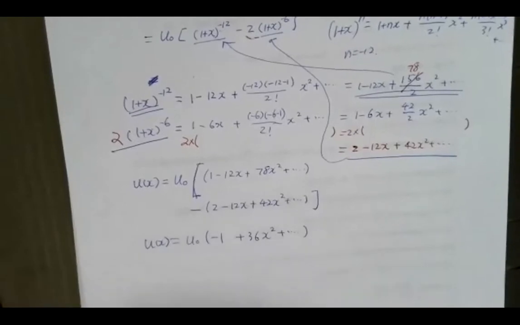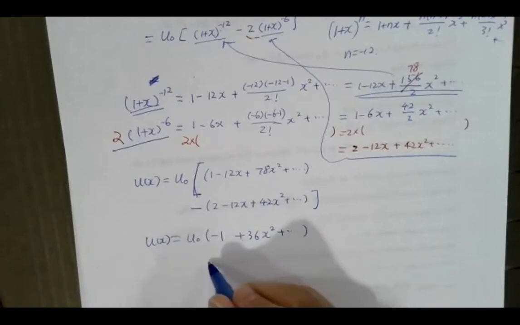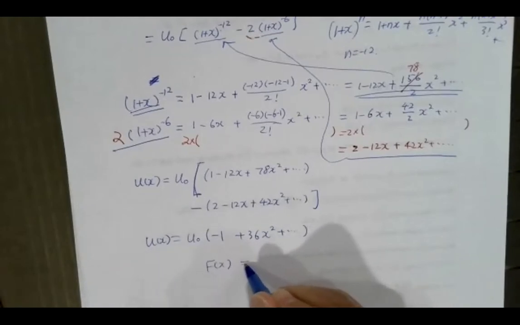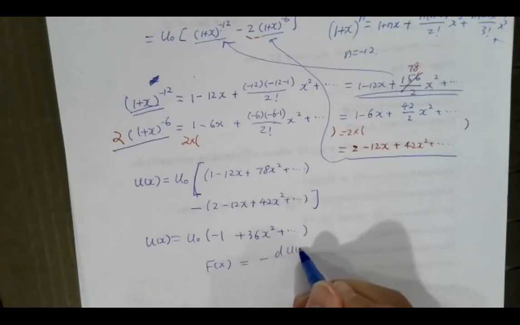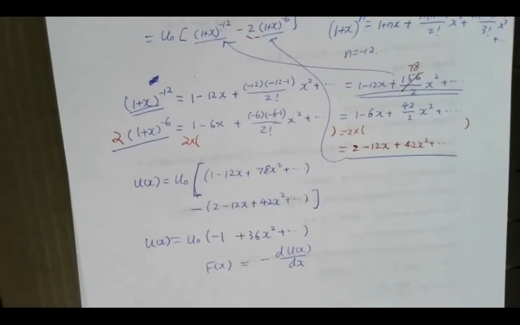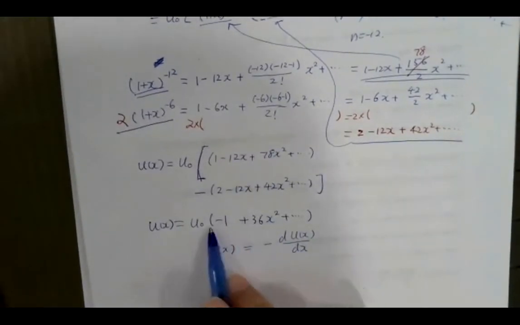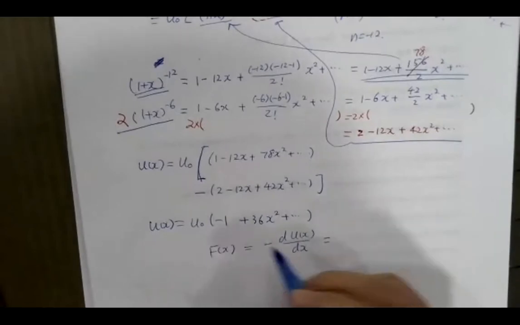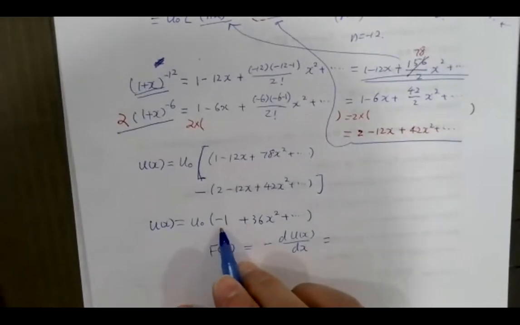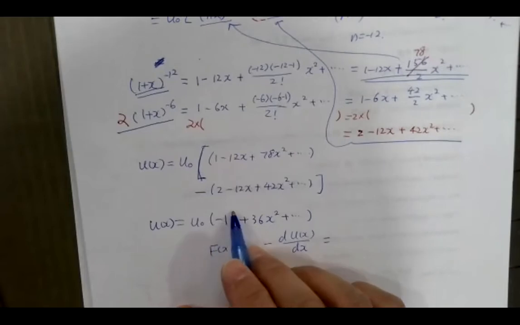But we are actually looking for the force between the molecules. That means we need to look for F(x), which is equal to minus the derivative of U(x) over dx. If you take the derivative of the potential energy, it gives you the interaction force between the two molecules. So the first term here is constant, not a function of x, so that goes to 0.